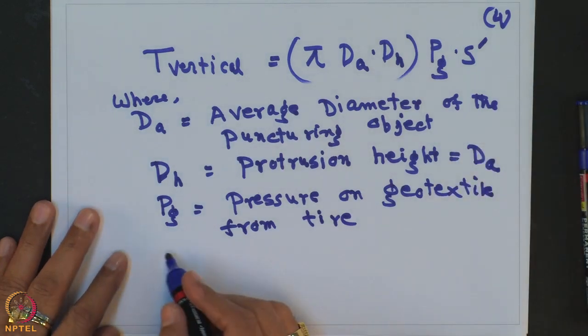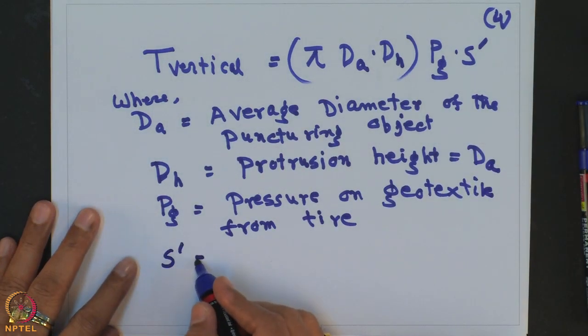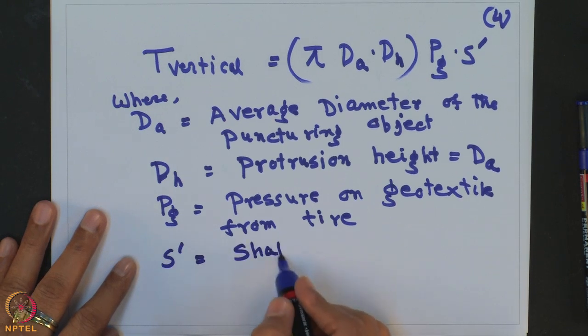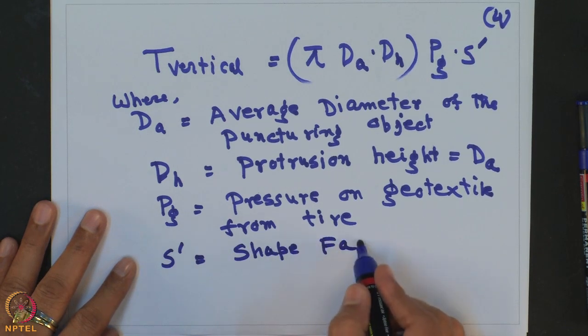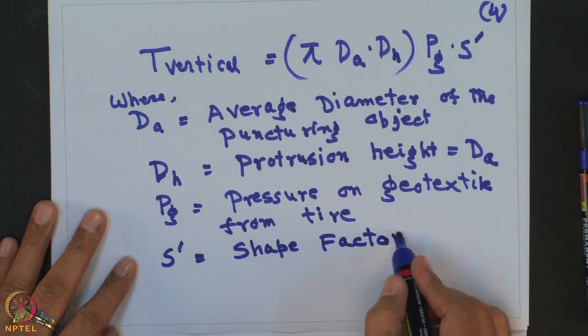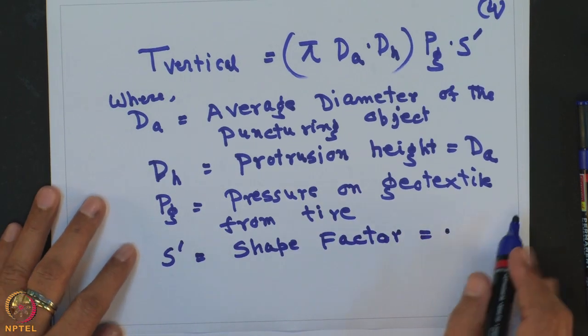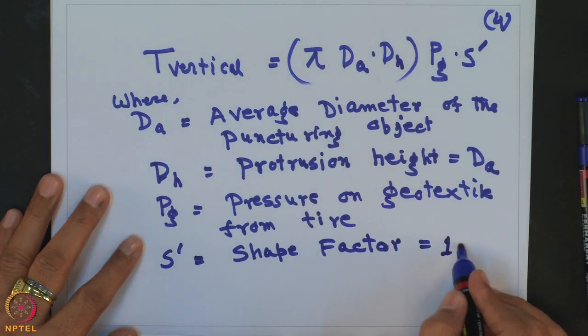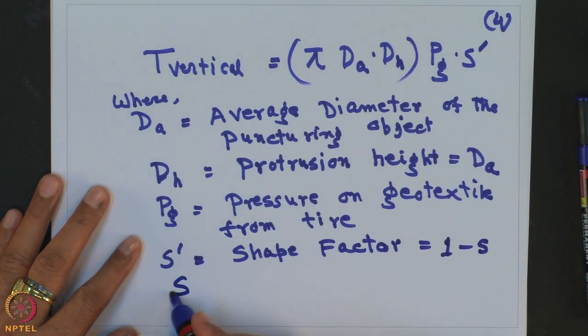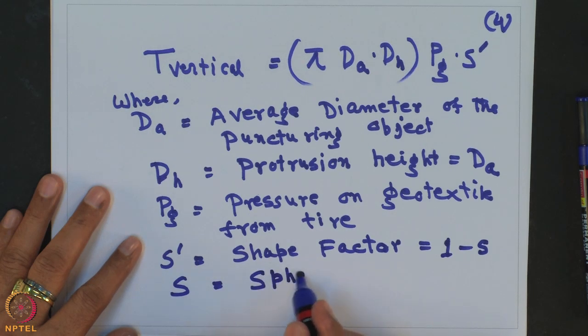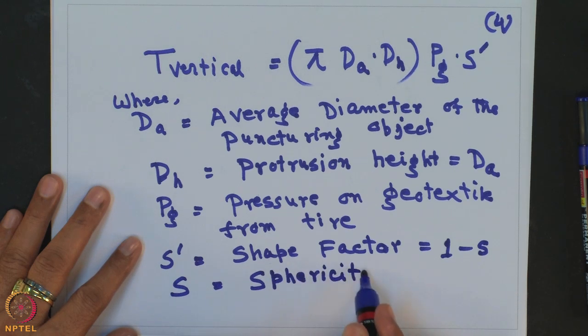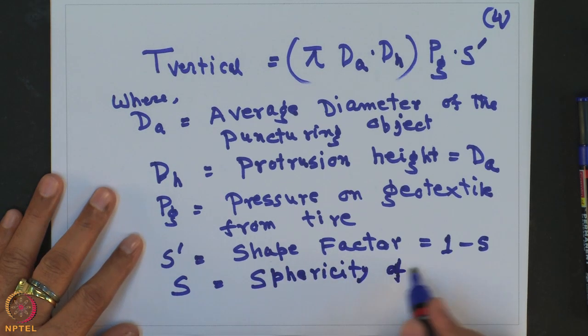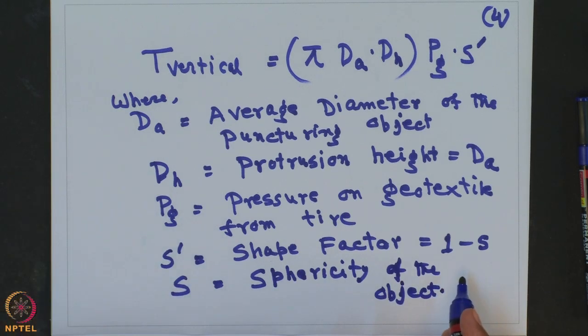S dash is the shape factor, which is equal to 1 minus S, and S is the sphericity of the object.